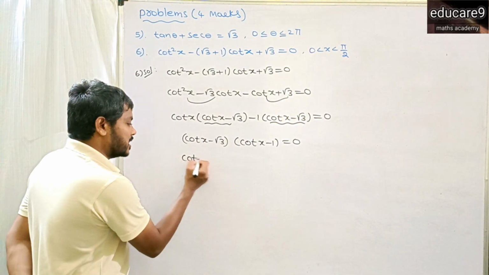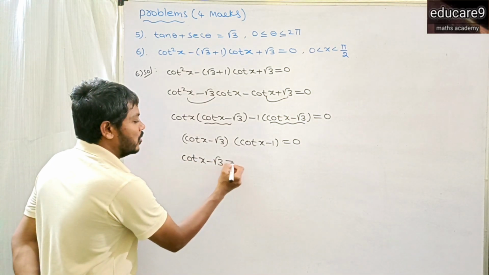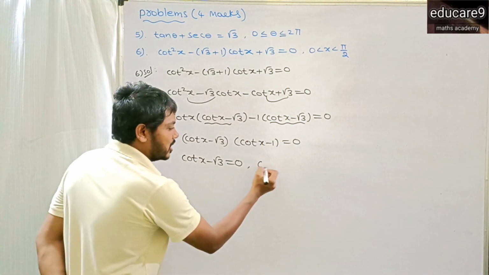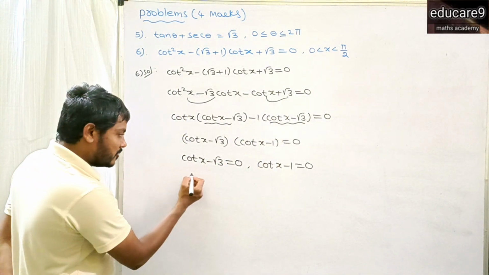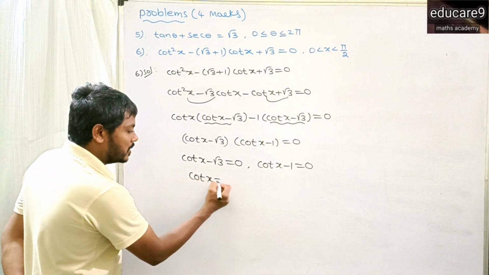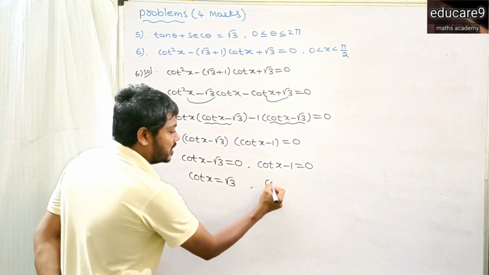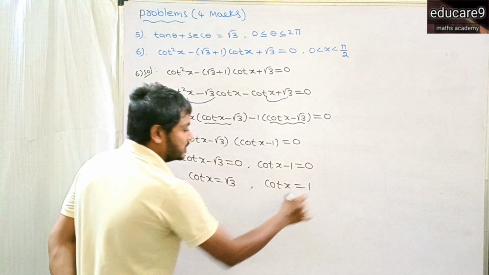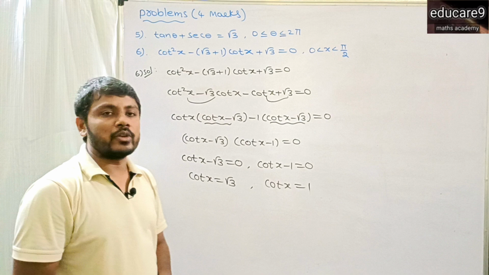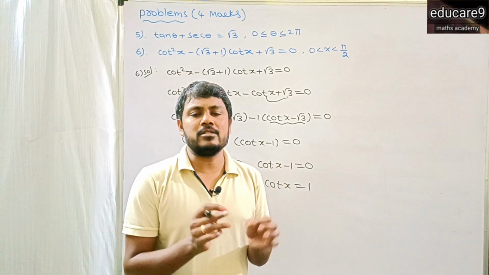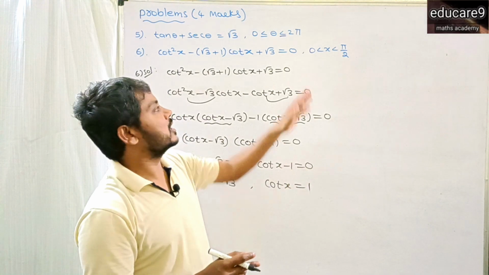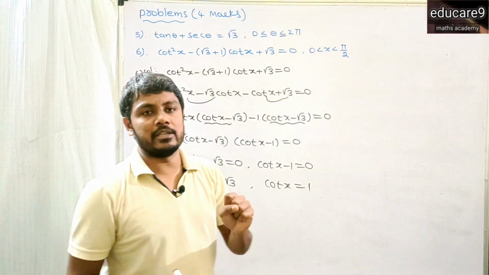That is cot x minus root 3 equals 0. Next one, cot x minus 1 equals 0. From this, cot x is equal to root 3. From this, cot x is equal to 1. Here there is no need to write the general solution. If you write the general solution also, you will get the same values because they gave only 0 to 90.